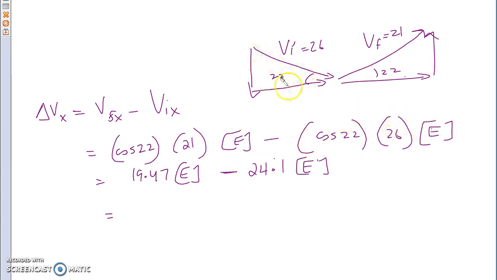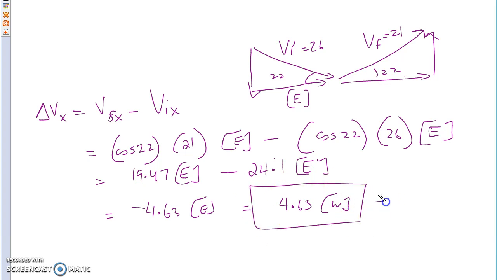But it's supposed to be east because they're both going in the easterly direction. That is going east as well. So we're going to subtract the two, and what you end up with is negative 4.63 going east. Of course, that's negative, so we convert it to positive, and it becomes 4.63 going west. There is your delta Vx component.